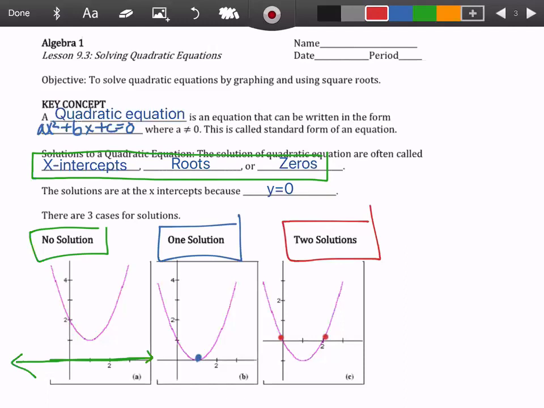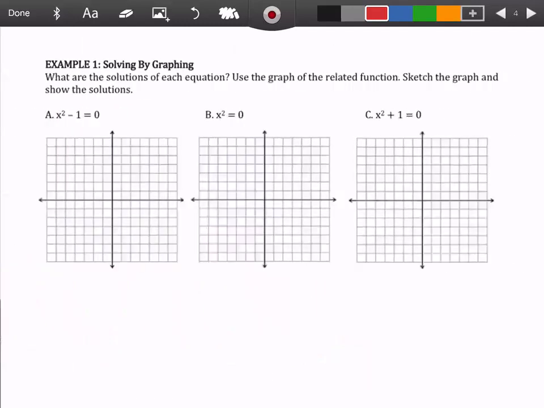What points go through the x-axis? Because y is equal to 0 on the x-axis. So we are looking for the x-intercepts. So let's go through this example where we are actually going to graph quadratic functions and determine what the zeros are.